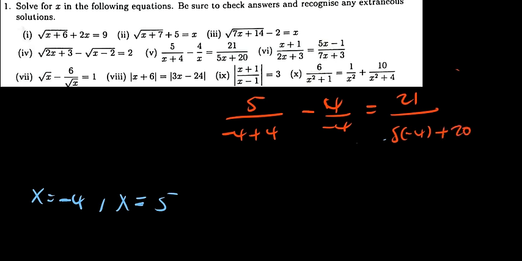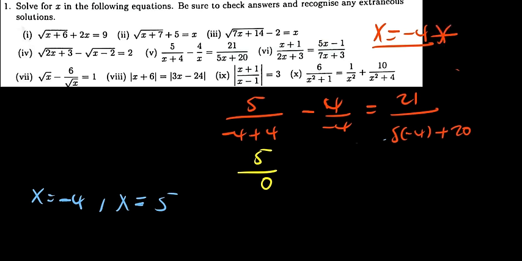One thing you are going to notice here is that here we are going to have 5 over 0. As long as on the denominator there is 0, that is undefined. But even here, 21 over 20 minus 20 plus 20, which is going to be 21 over 0, which is undefined. Therefore, x is equal to negative 4 is an extraneous solution. It's not part of the solution.